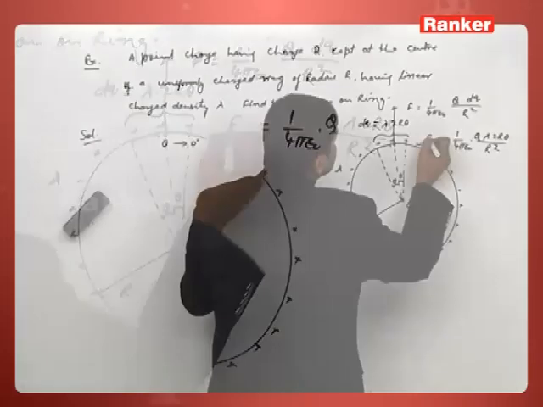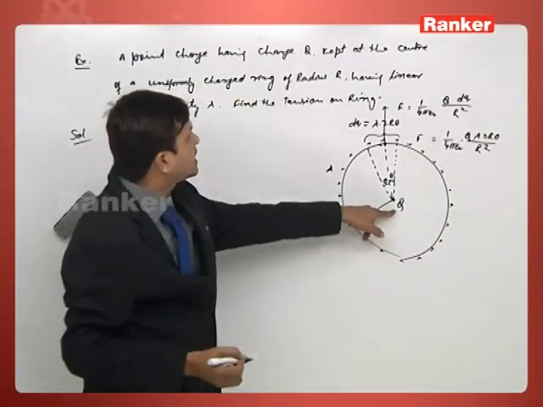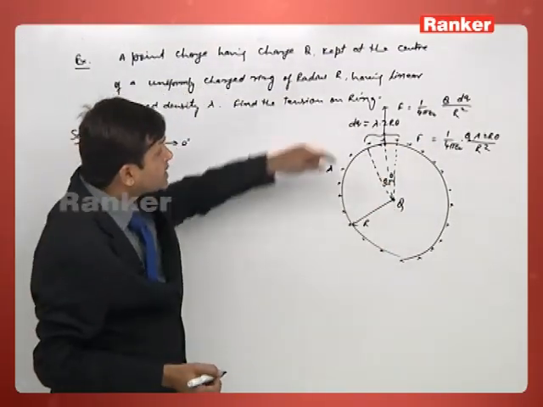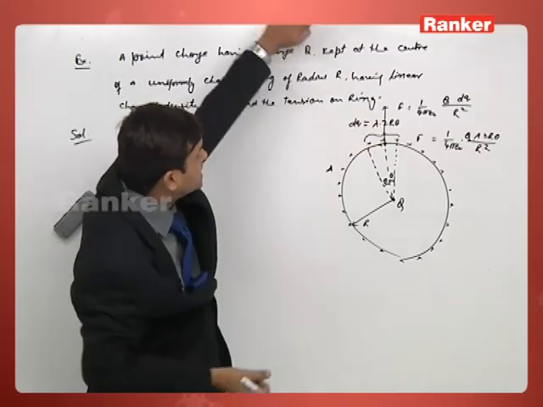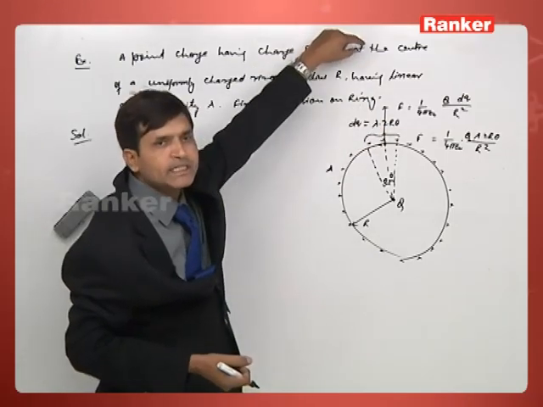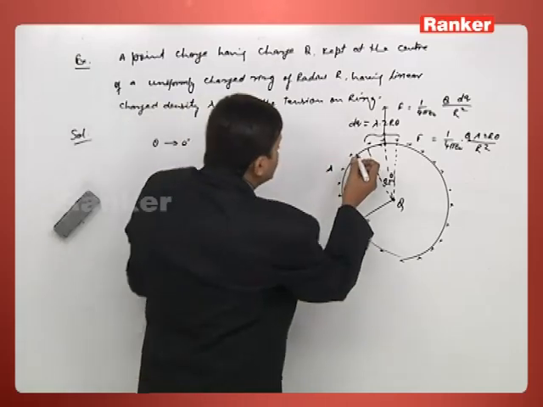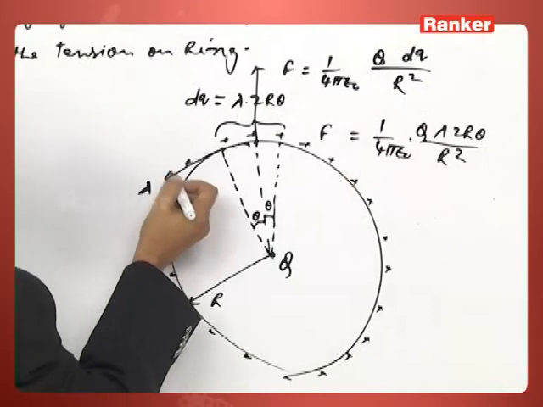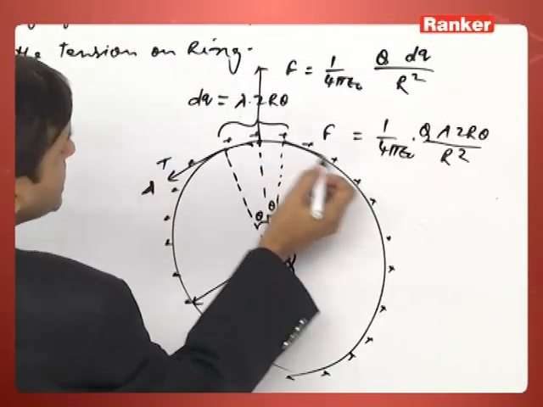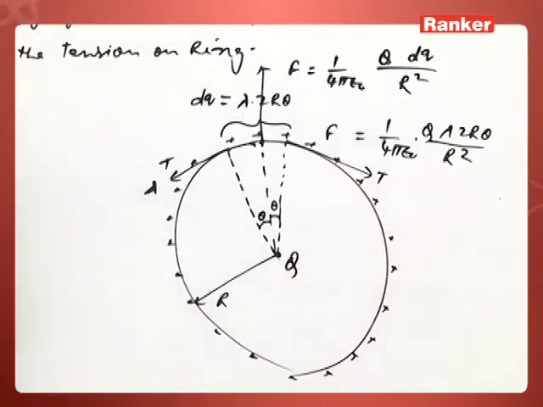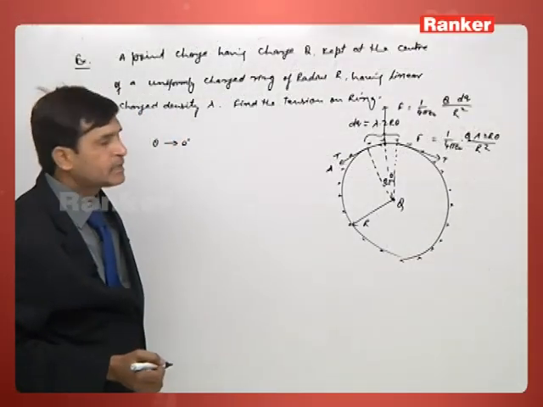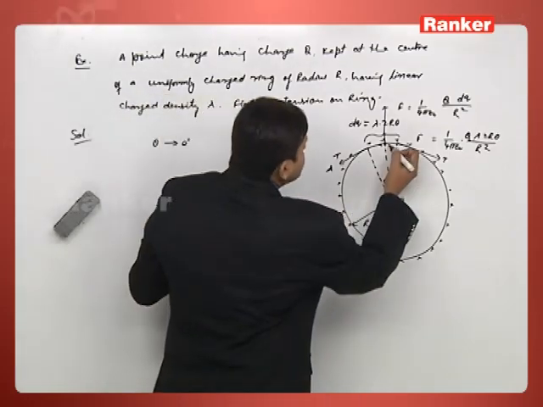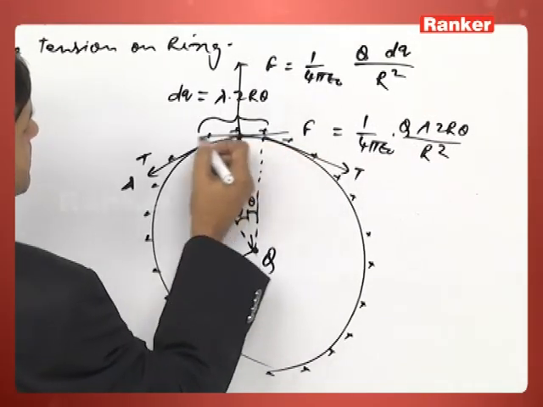This is the force between charge capital Q and this small element. Due to that force, it will stretch. The ring will stretch like this, so tension develops in the tangential direction like this.